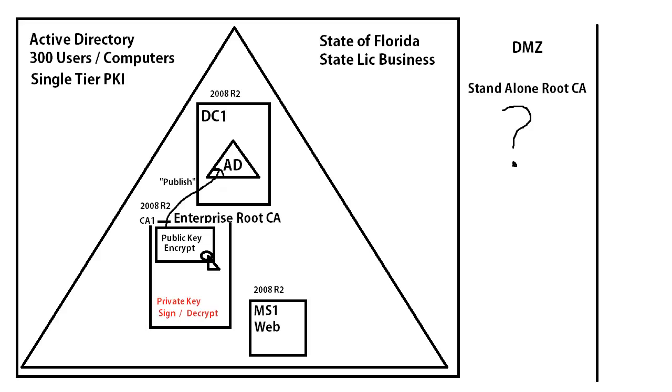Now what's really cool about that is all my computers that are members of the domain will automatically pick up the fact that that is a trusted root CA. So my Windows 7 machine will look in his trusted root certificate store and he'll see that certificate in there automatically because of the publishing to AD. So he'll be able to see that certificate with that public key already in his local store.